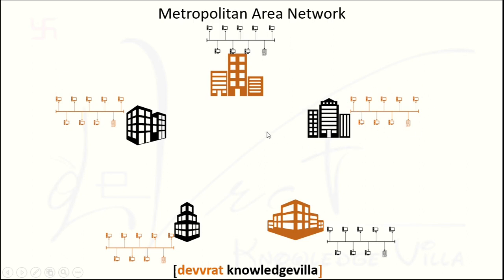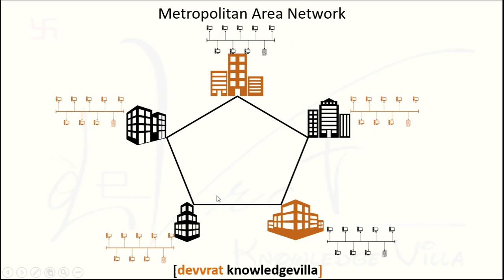So if you look at the entire city, there are multiple buildings and multiple campuses in a single city, and every campus has its own local area network. But now suppose we want to connect all these networks together, so we can make it with connectivity. Get it?